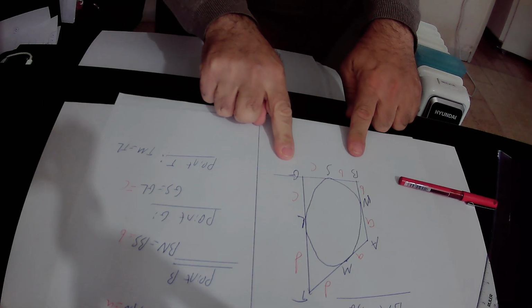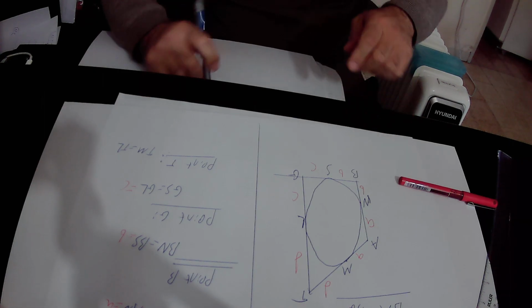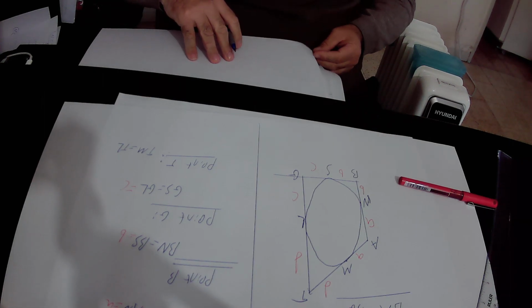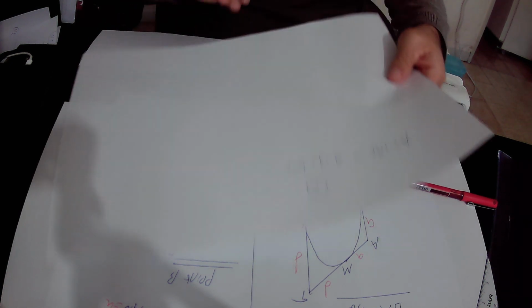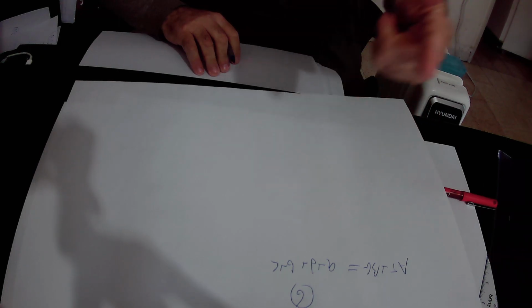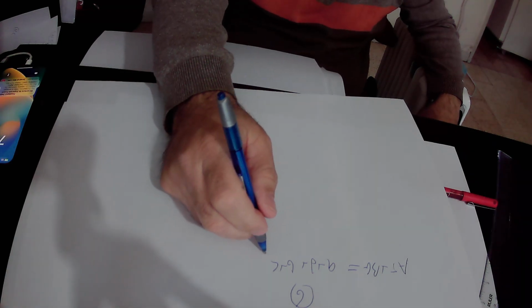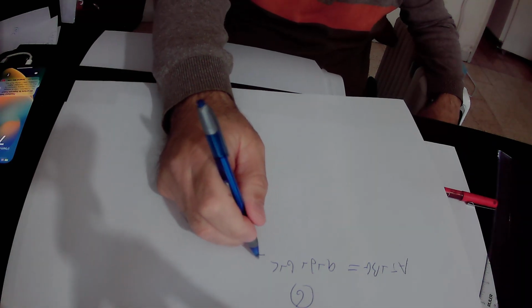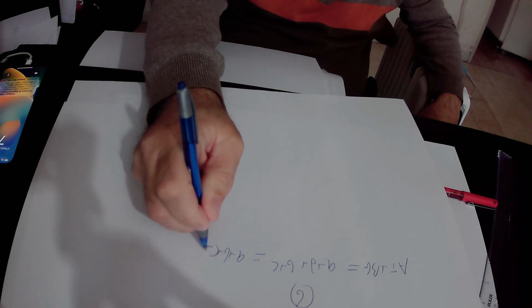From the drawing, it is very easy to see that BG equals B plus C. So we substitute BG by B plus C. So in conclusion, we found out that AT plus BG equals A plus D plus B plus C. So we can change the order of the letters here, and it will be equal to A plus B plus C plus D.